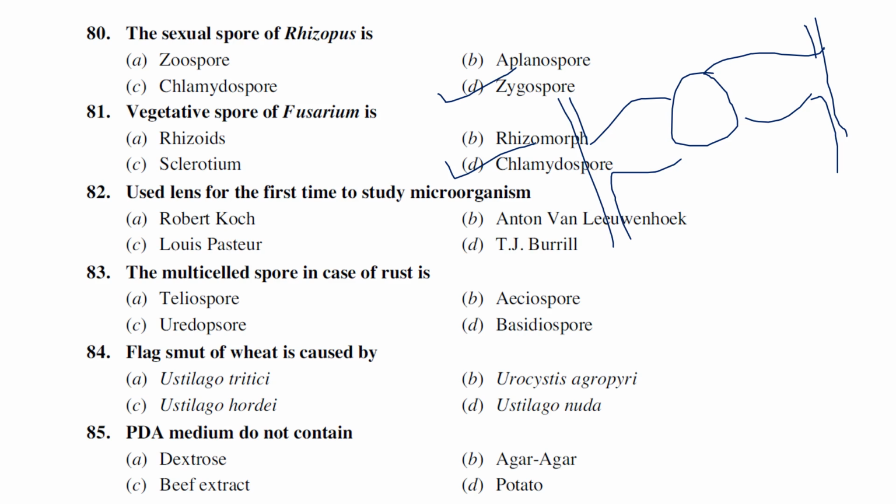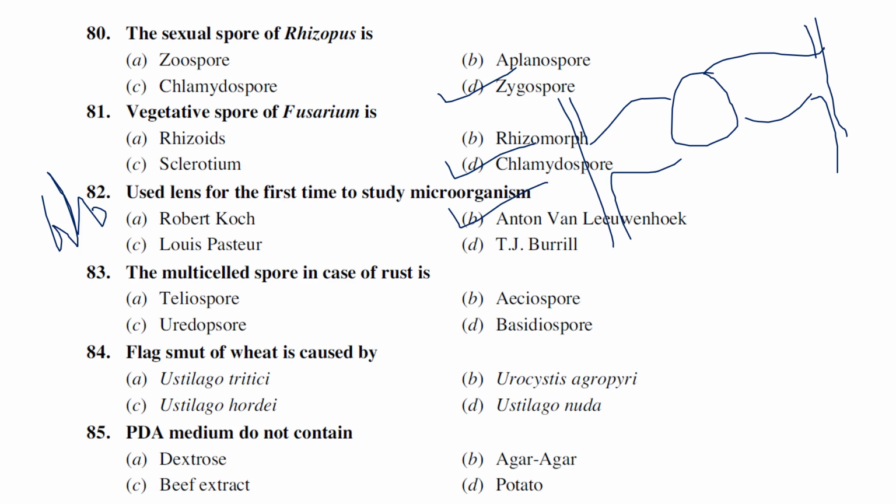Who used a lens for the first time to study microorganisms? Robert Koch, Antonie van Leeuwenhoek, Louis Pasteur, or T.J. Burrill. After Zacharias Janssen, who extensively started working on the microscope, the first person is Antonie van Leeuwenhoek.